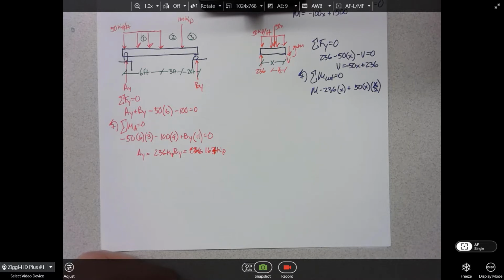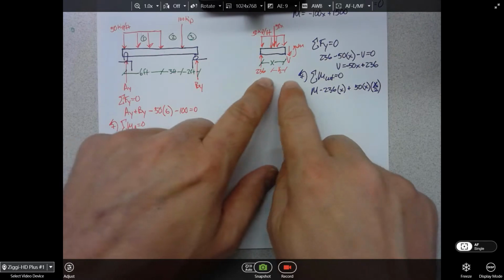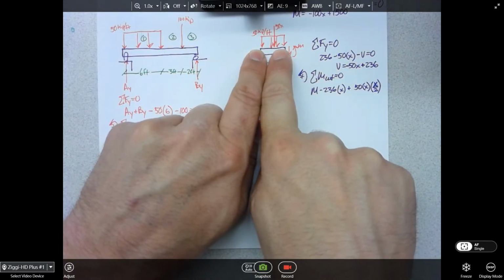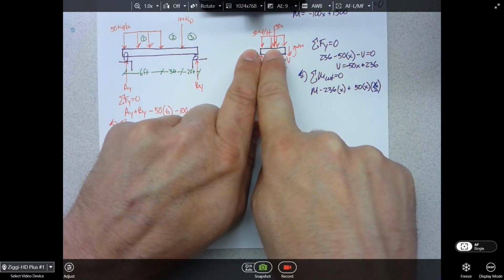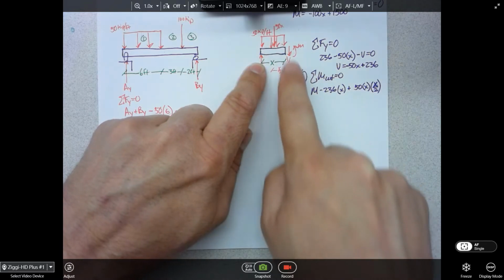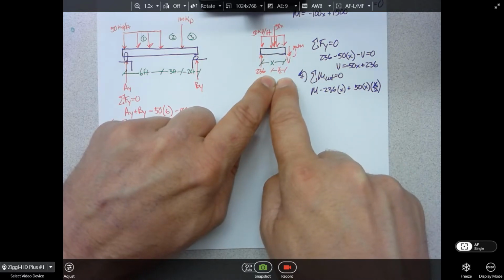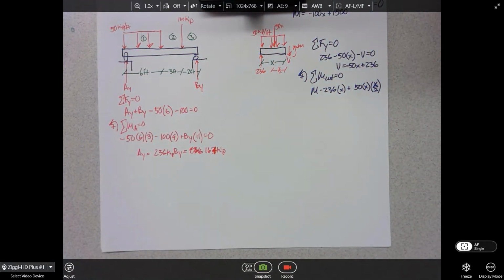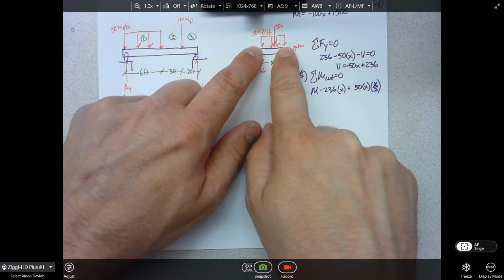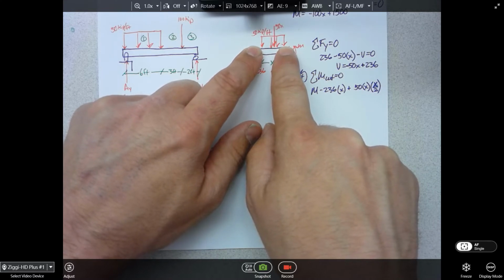Can you explain the x over 2 a little bit more? Sure. In a rectangular distributed load, the resultant goes in the middle, right? The total length of the beam here is x. So for it to be in the middle, it would be x divided by 2, 1/2 the total distance. So for the moment we use the resultant of the distributed load cut at some random place x.